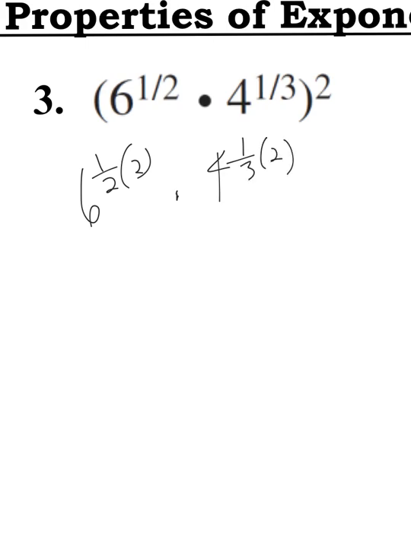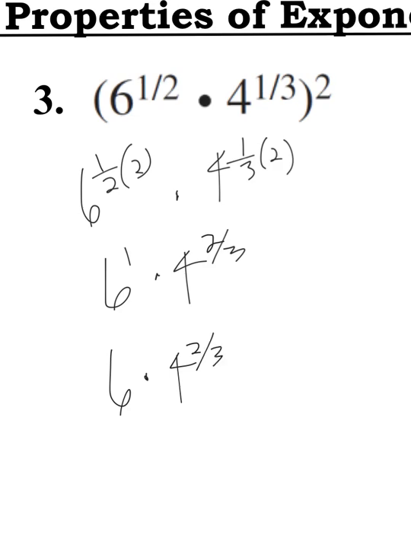Let's see here, 1/2 times 2 is 1, so 6 to the 1st power times 4 to the 1/3 times 2, which is 2/3, so 6 times 4 to the 2/3. Really, it can't simplify beyond that other than to just drop the 1, because you never have to write anything to the 1st power. If it's just a regular number, you know it's to the 1st power. So this is basically as simplified as it can get, writing 6 times 4 to the 2/3 power.